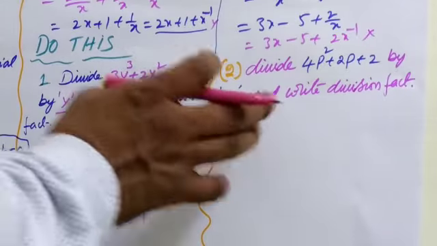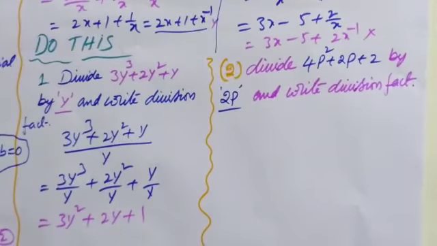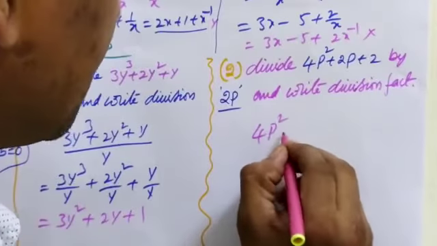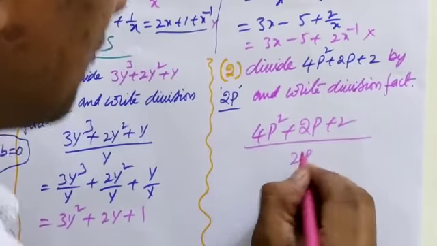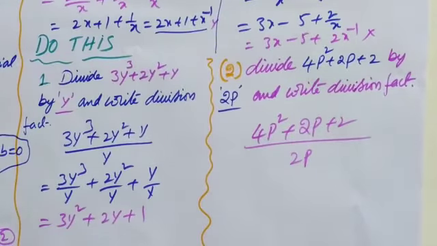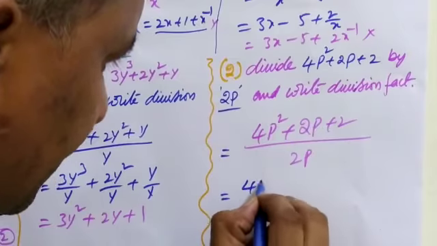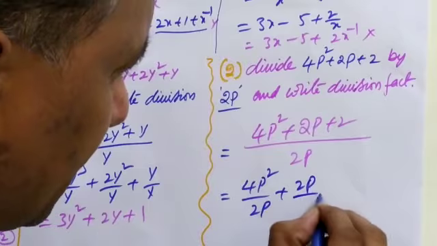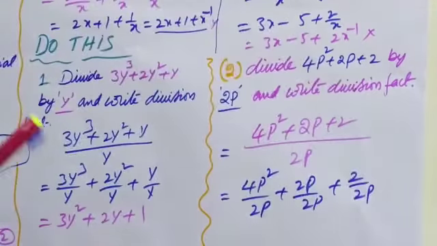Go to the second: divide 4p square plus 2p plus 2 by 2p. Divide separately: 4p square by 2p plus 2p divided by 2p plus 2 by 2p.